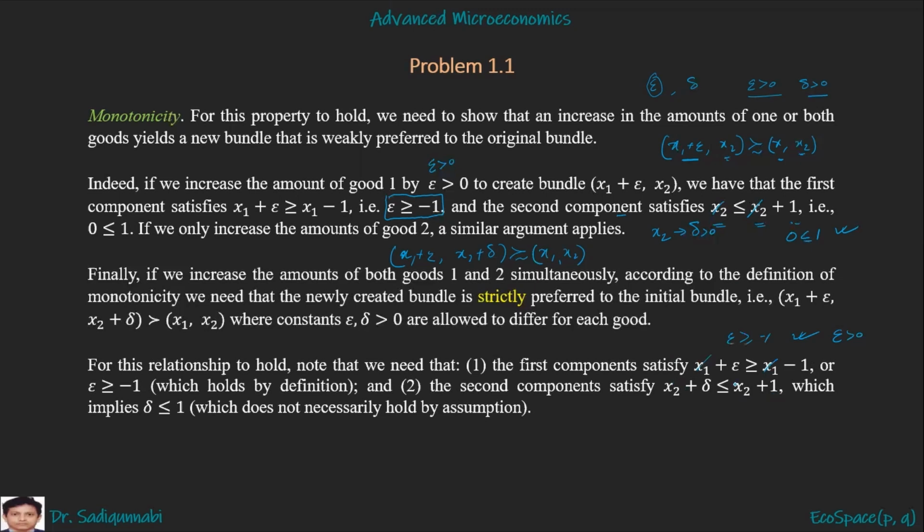If we cancel out X2 and X2, delta should be less than or equal to 1, which is not necessarily true for all times. So the condition for monotonicity to hold is that delta should be less than or equal to 1. If delta is greater than 1, then monotonicity doesn't apply.